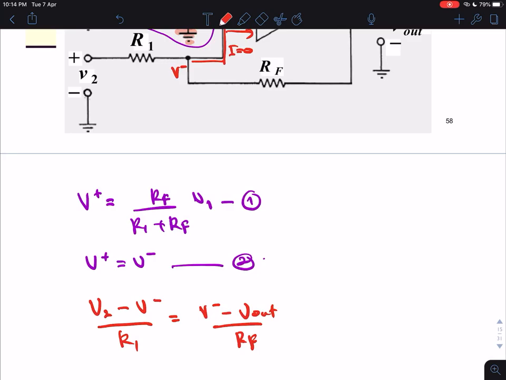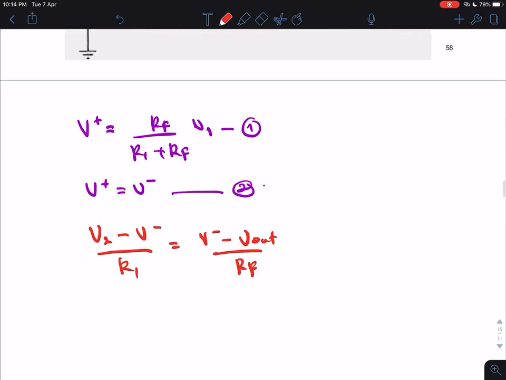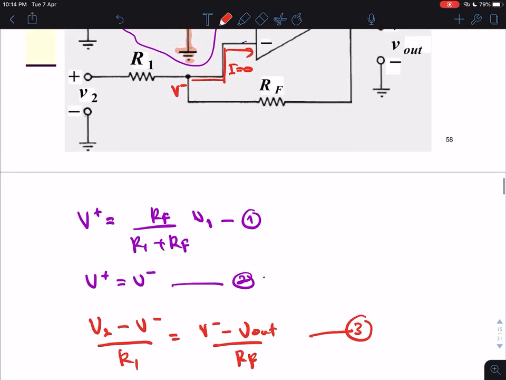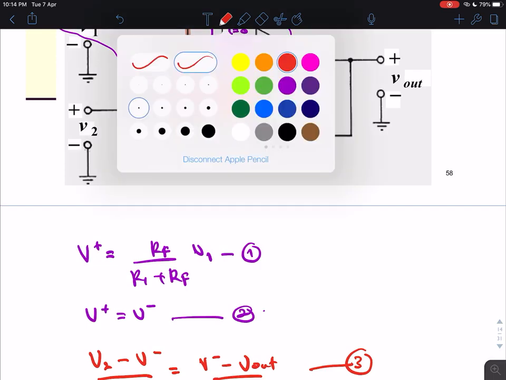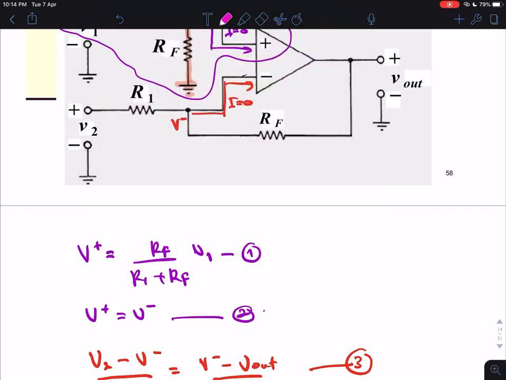So how do we come up with this expression, number 3? Basically it's because of KCL. Remember here, the current that goes through R1 from V2, we call it I R1, for example, and the current that goes through RF is I RF.